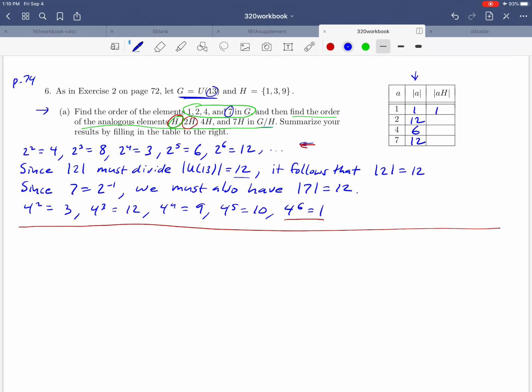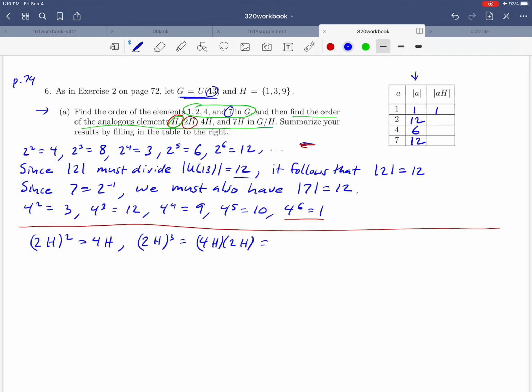Okay, so we'll start with 2H squared. That's going to give us 4H. That's not the identity, so we need to keep going. And then 2H cubed, let's see. That's going to be the 4H that we already calculated times 1 more 2H.